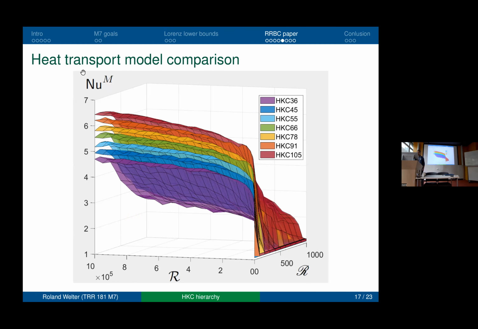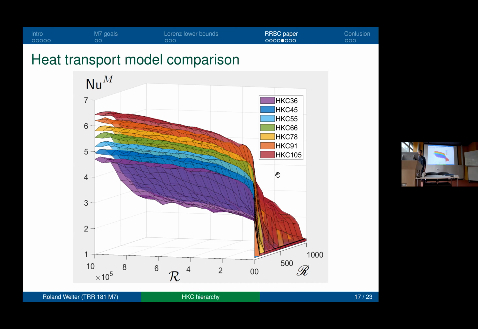So what I then did with this hierarchy is try to determine how large of models you need to capture the heat transport of the fluid, of the PDE. And so I ran a bunch of heat transport simulations for a large set of Rayleigh numbers going up to 10 to the 6th, and for rotation numbers up to 1,000.